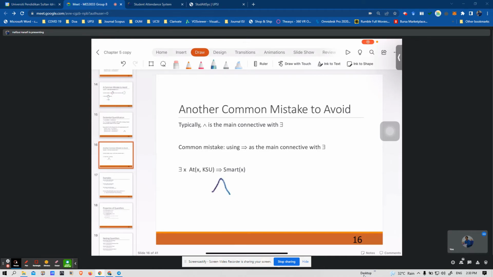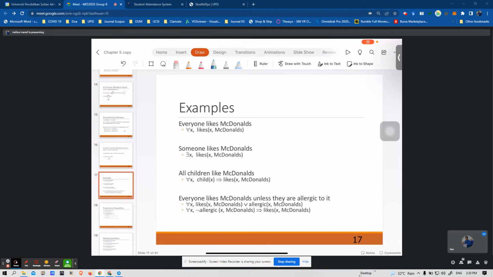For example, everyone likes McDonald's. We have for all x, x likes McDonald's, and then someone likes McDonald's. We use the predicate. All children like McDonald's, because for all you use the implication here. And then everyone likes McDonald's unless they are allergic to it.